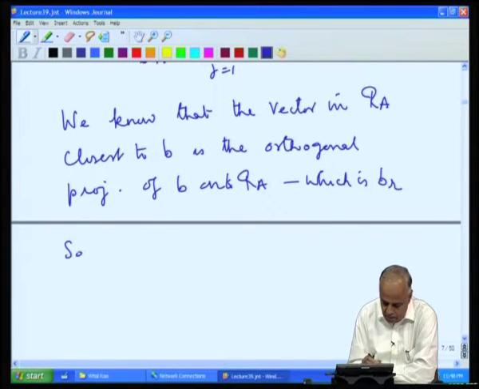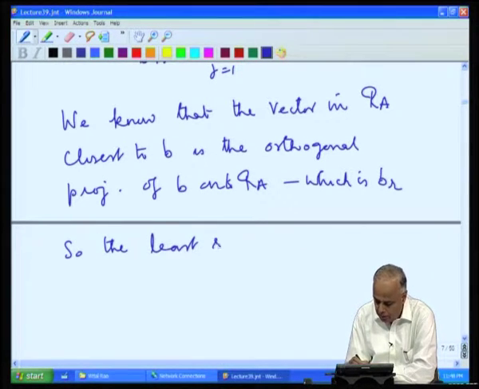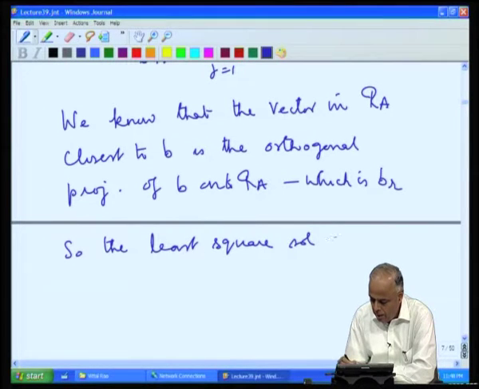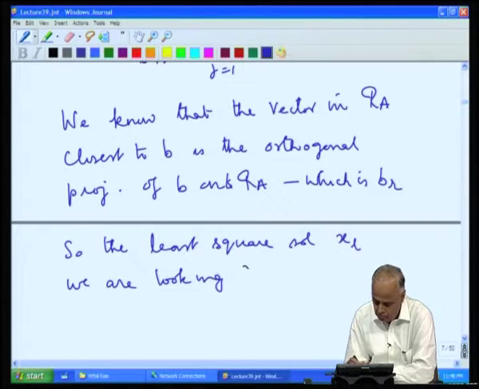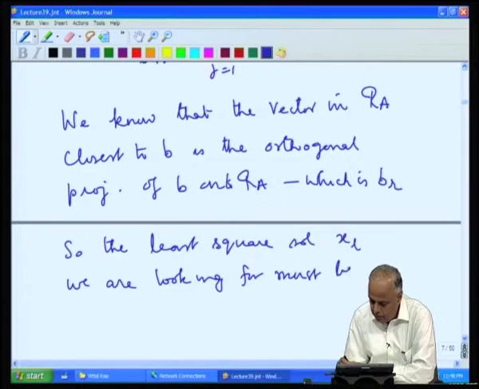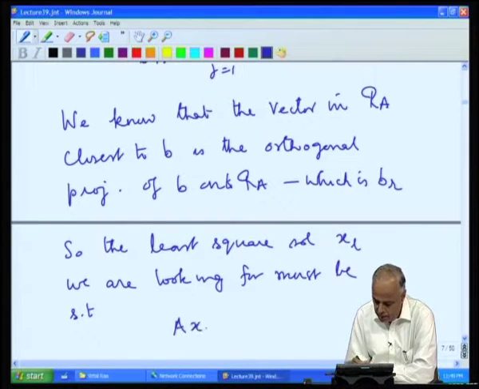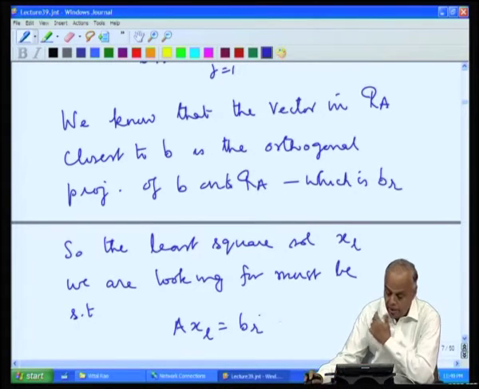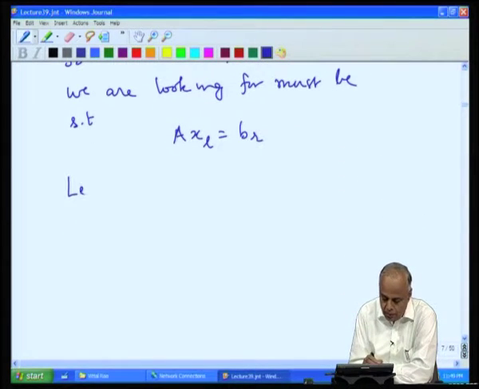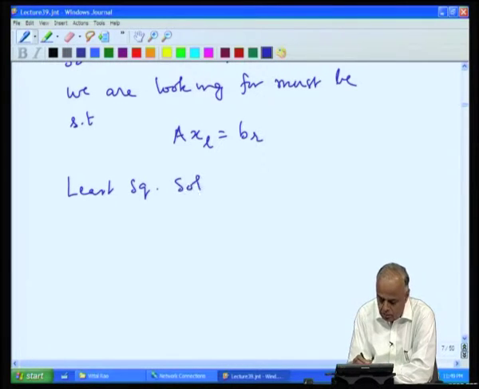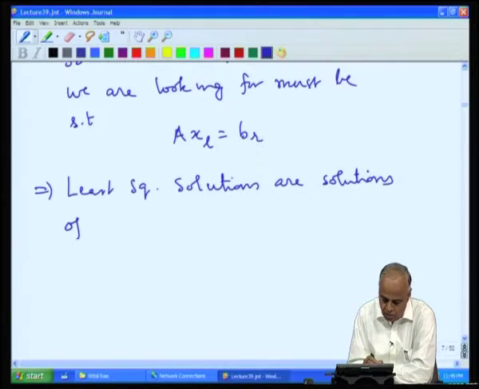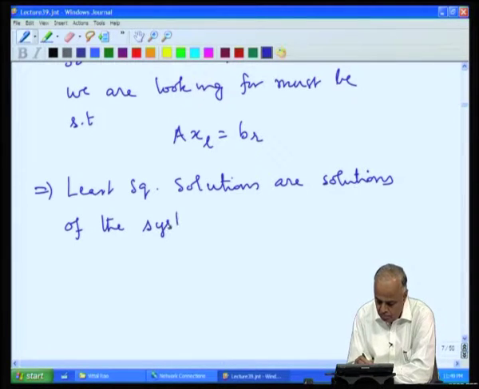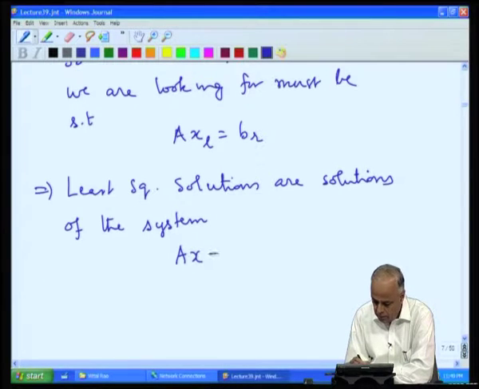So, the x_l we are looking for, the least square solution, must be such that Ax_l equal to b_r. So, therefore, least square solutions are solutions of the system Ax equal to b_r.